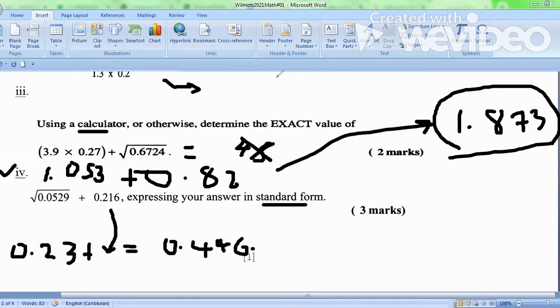explain something about standard form, right? Okay. All right, so there's something called standard form. Another word for standard form is scientific notation.